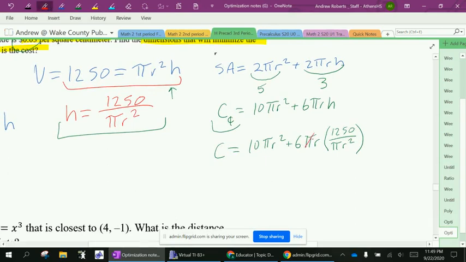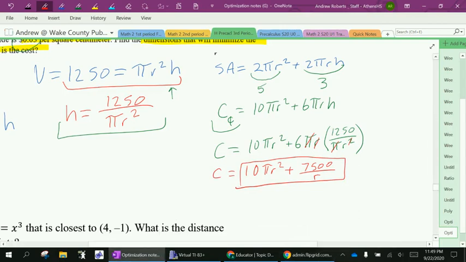The pi will cancel out with the pi, the r will cancel out with the squared, and 6 times 1250 is 7,500. I used a calculator sitting right here next to me. So 10 pi r squared plus 7,500 divided by r. That's my cost equation. I've got to find where that is the minimum.